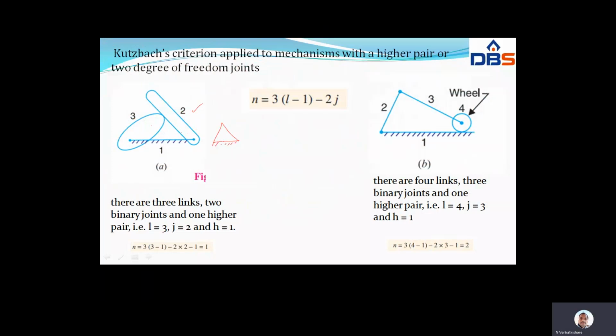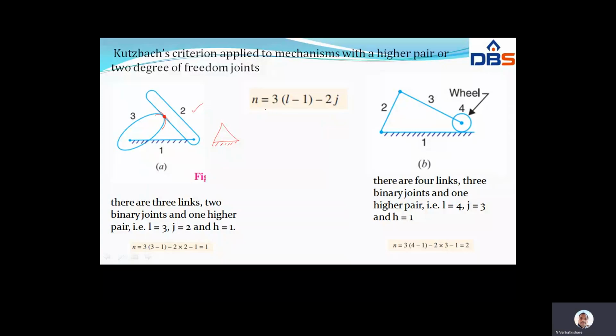In a mechanism one link is fixed, but here you just need to concentrate on this, that means the second and third are forming a point, or they are in contact either by a line or a point. They are closely contacting, looking like a point or a line. So the point or line means here the higher pairs will come into the picture.